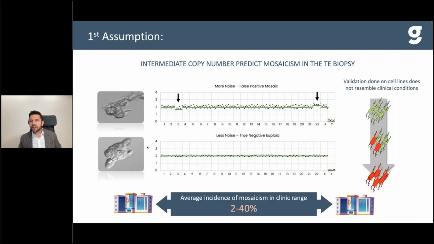And indeed, if we look at the worldwide experience of reporting mosaicism, we can see extremely different rates of mosaicism being reported by different clinics. And I think we can easily agree that it's not the biology which is different from one clinic to another, but more the way these thresholds are established, how technologies are validated, and how the procedures are standardized and monitored over time.